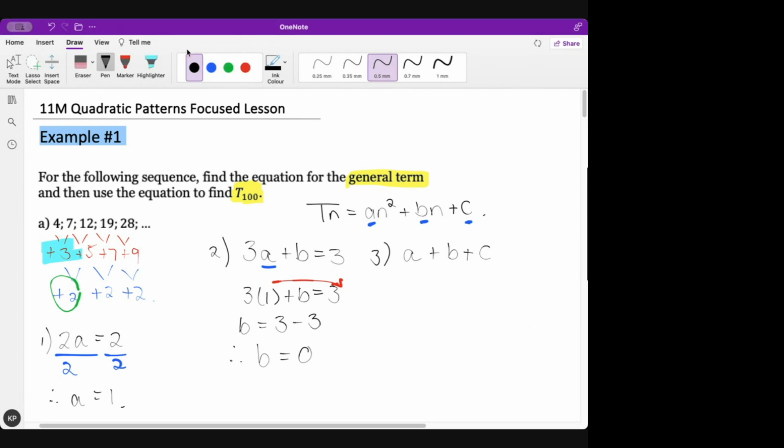What does that mean for my second part of this general term? You need to be thinking ahead now. What does that mean for my second part of this general term? If B is 0, what's going to happen with that whole second term of my general formula? Come, let's chat, guys.